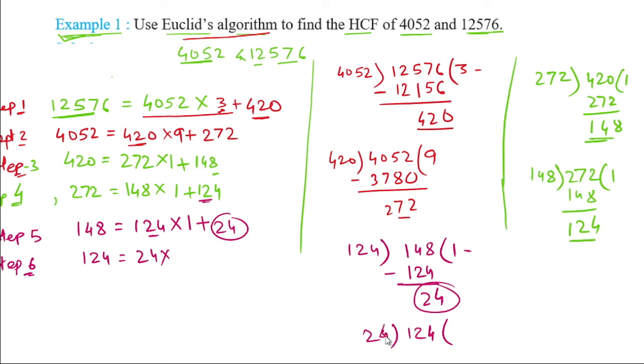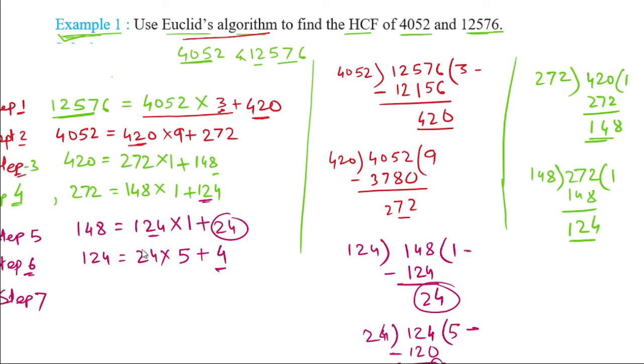So 124, 5 times. 4 5s are 20. 0 remaining 2. 2 5s are 10 and 2 12. Now after subtracting, 4 will be remainder. So here the quotient is 5. So we'll multiply by 5 plus remainder is 4. So here remainder is 4.